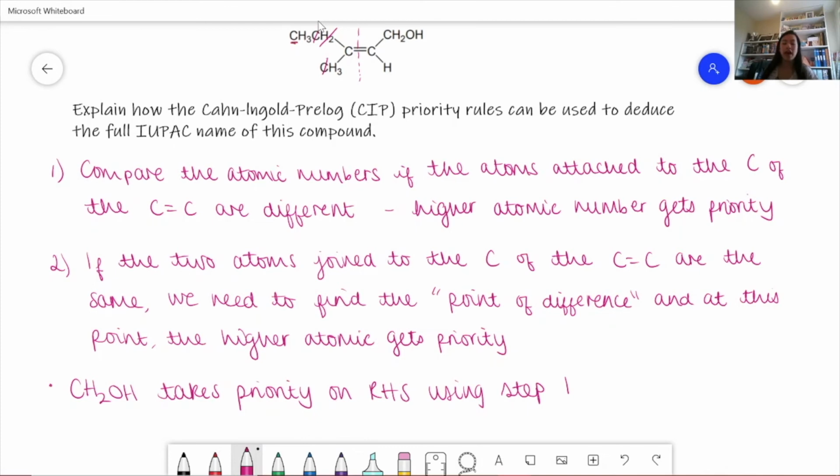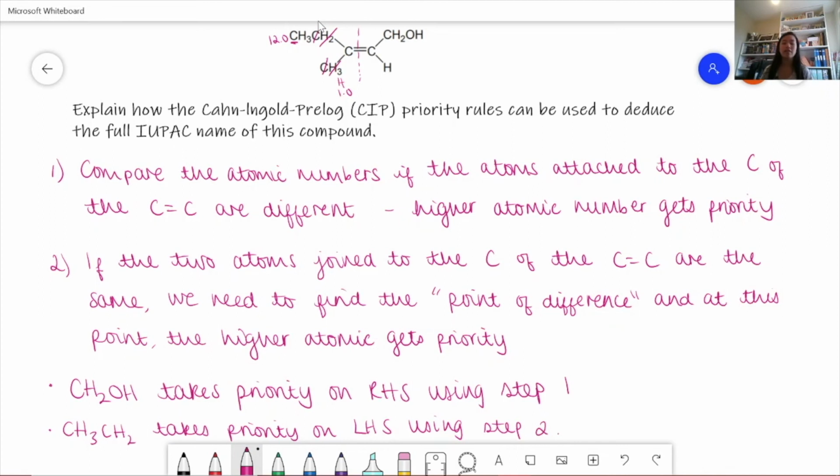But then in the methyl group, we have a hydrogen which is next, because if we get rid of two of these, we have one more left, and so we would have a hydrogen. And carbon has a much higher atomic number of 12 compared to hydrogen's 1. And so that means that the CH3CH2, so the ethyl group, takes priority for the left-hand side. And this is using step 2.